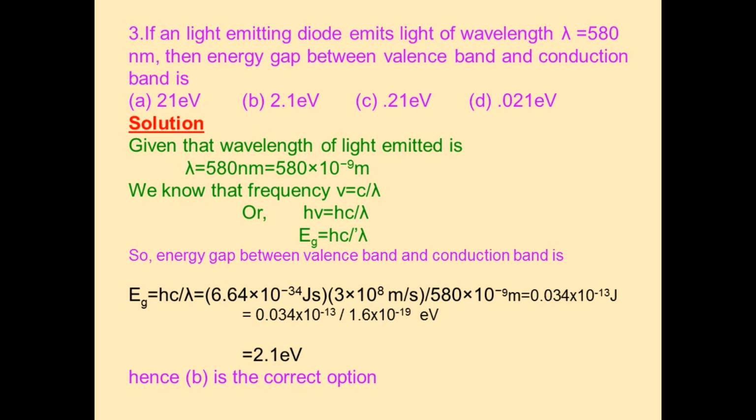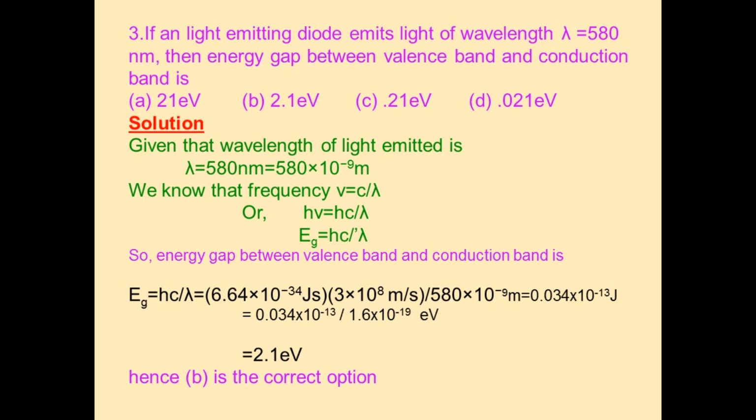Nu equal to c by lambda, h nu equal to hc by lambda, energy equal to hc by lambda. So 6.63 into 10 power minus 34 into 3 into 10 power 8 divided by 580 into 10 power minus 9, and we get 0.034 into 10 power minus 13 joules.